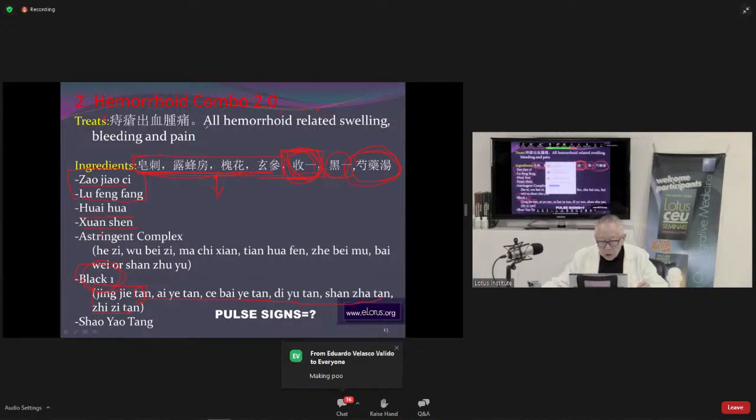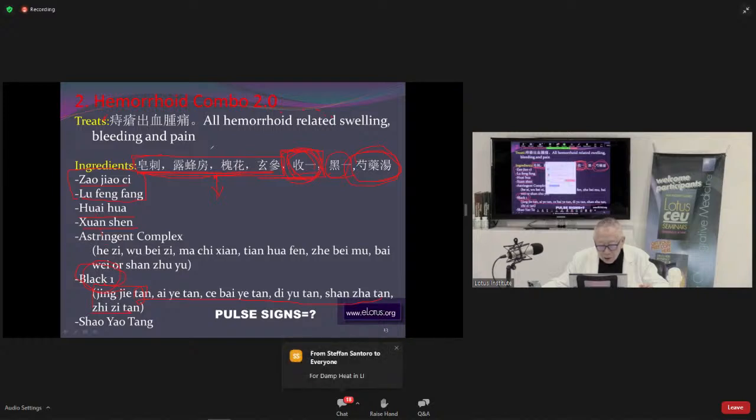Constipation is a liver condition? Making poo? Bring the fire? Clear heat? Softening the muscle? To calm, relax the bowels?